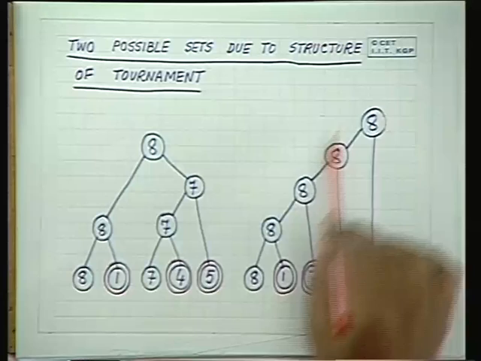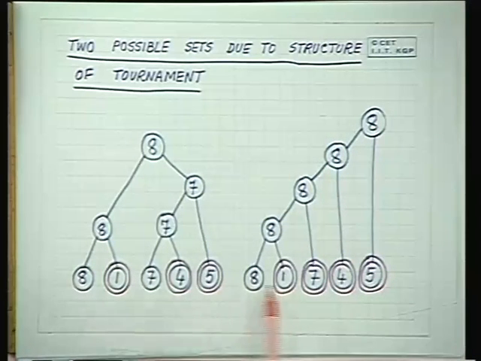So let's see what we can do here. Let us set up 2 possible tournaments. One is the standard one which we have used, where these are the losers in their first comparison, and here these are the losers in their first comparison.